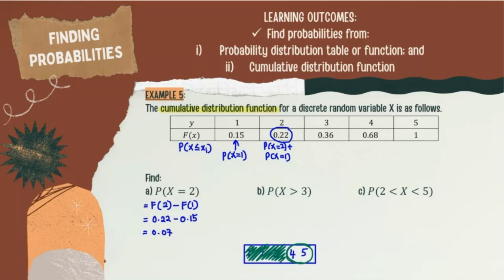So that means here nak dapatkan X greater than 3, I will minus 1 with PX less than or equals to 3. So barulah kita akan dapat 4, 5 sahaja. So mana datang PX less than or equals to 3? It is actually 1 minus capital F of 3. 1 tolak F3 berapa? F3 adalah 0.36. So 1 minus 0.36, so I get berapa ya?